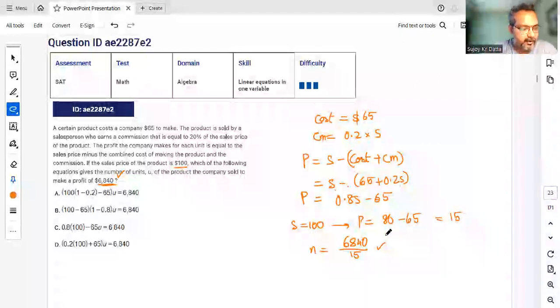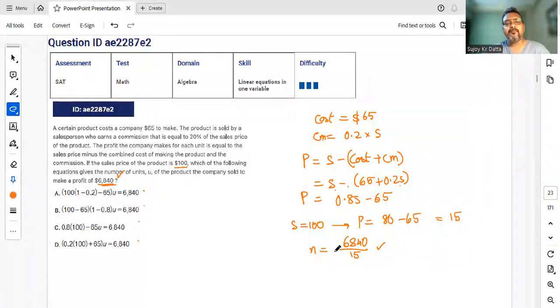So now if you have already calculated it, then you can just calculate each of these and then check which one matches. But then that would be like a long process, right? So can we, instead of doing the calculation, because they actually haven't asked us to calculate the value, right? So if you can just keep the values as it is and then just write down the number of units. So number of units they have defined as U, okay, not N. So how could we do that?